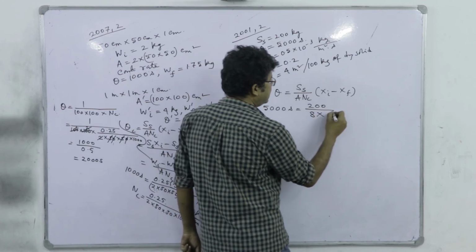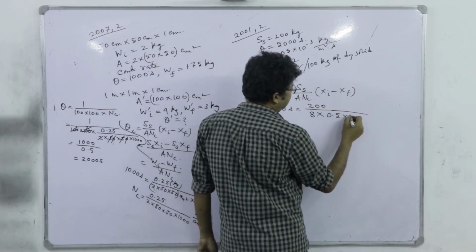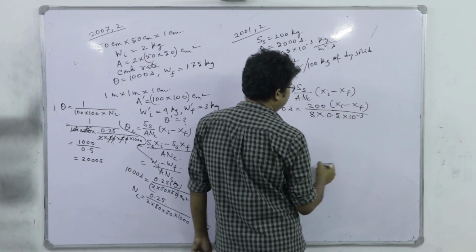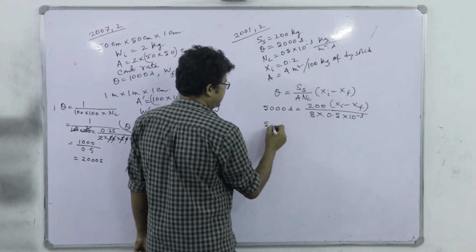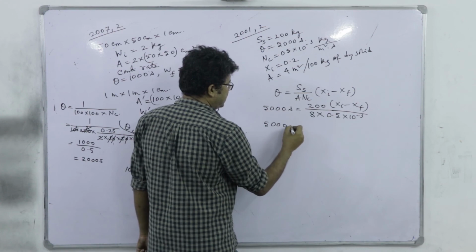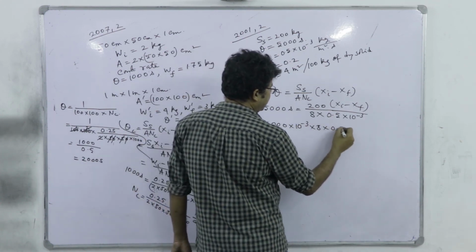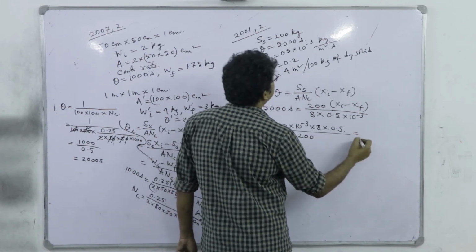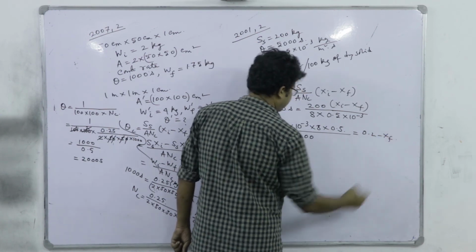So 8 into this 0.5 into 10 to the power minus 3 into Xi minus XF. Correct? So 500 is equal to 200 by 8 into 0.5 into 10 to the power minus 3 into 0.2 minus XF.